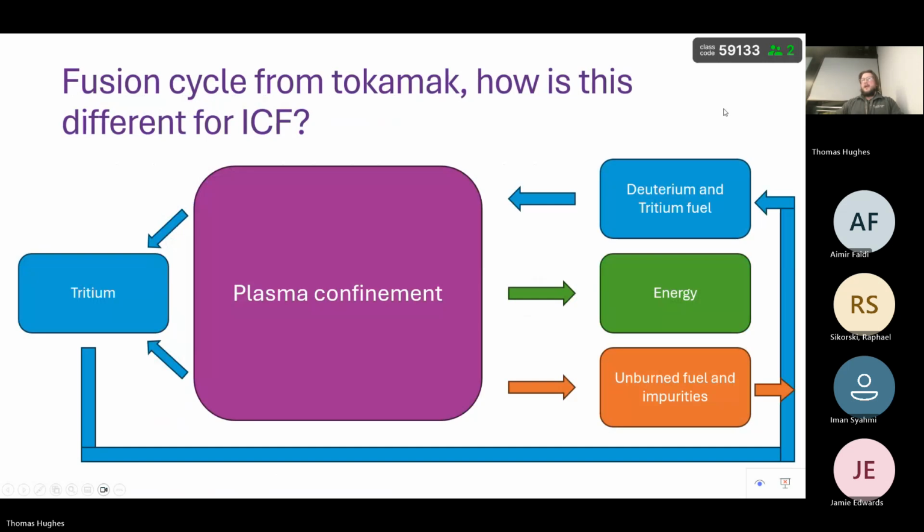So, this is our fusion cycle we had last week. Any ideas what the difference for a power plant running ICF would be to this diagram? No? What would the difference be if I drew this diagram for a reactor which used inertial confinement fusion?